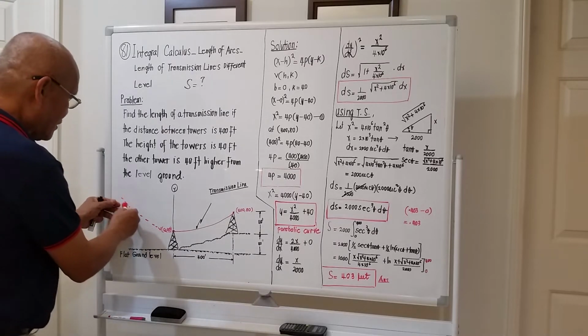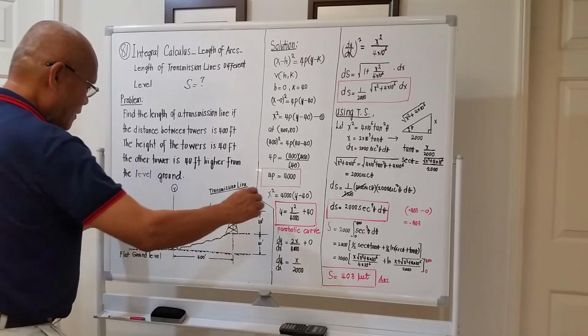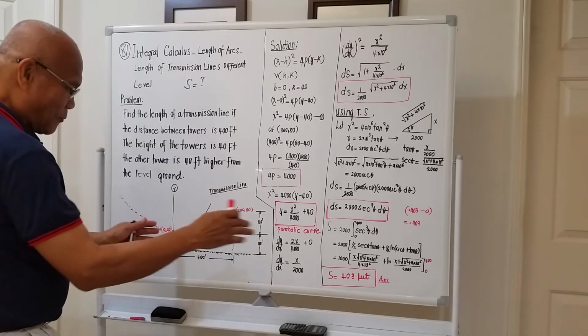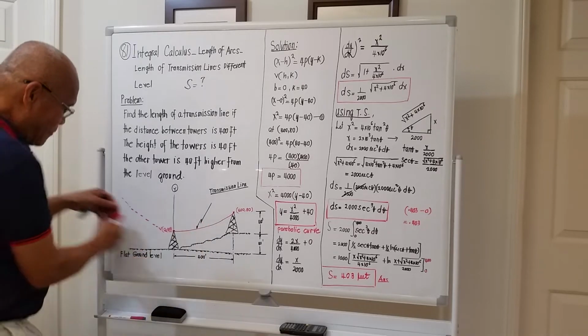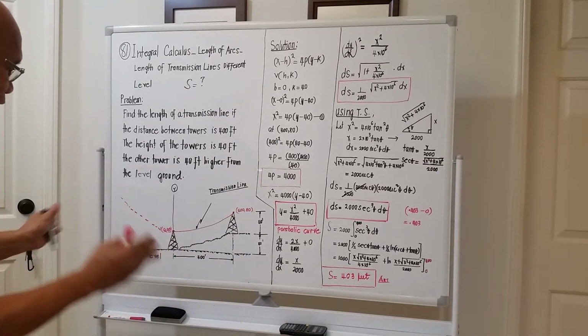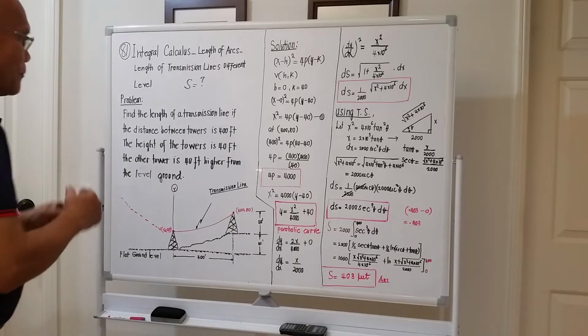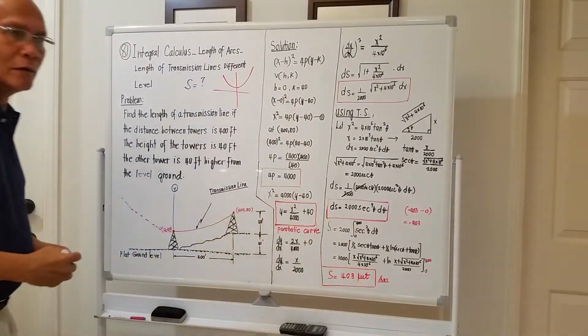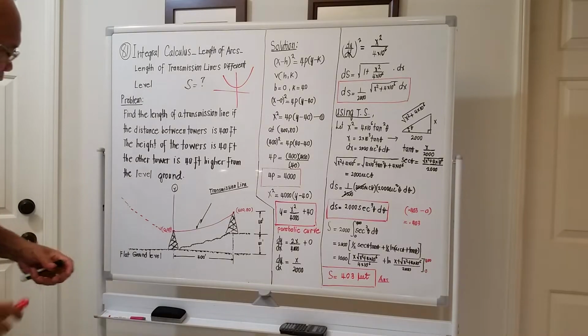So this is actually the parabolic curve, and for the meantime we are just given one half. If you project the other half and visualize it, it looks like a parabola opening upward.